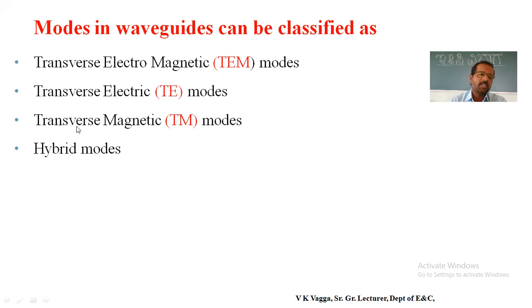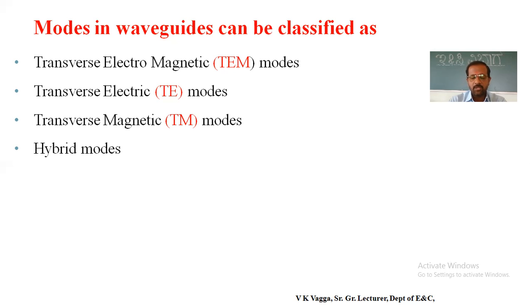The TM mode is also called the transverse magnetic mode. It depends on the H lines, the magnetic field. Another one is the hybrid mode, which depends entirely on both electric and magnetic fields.